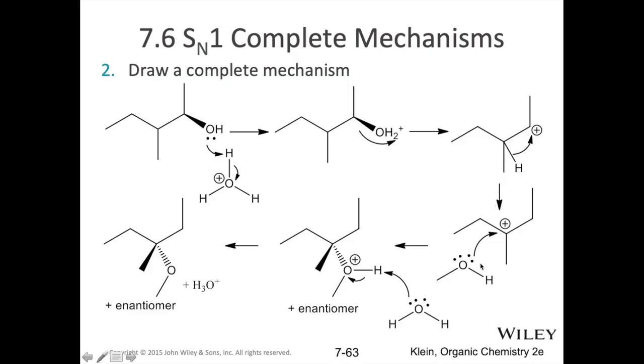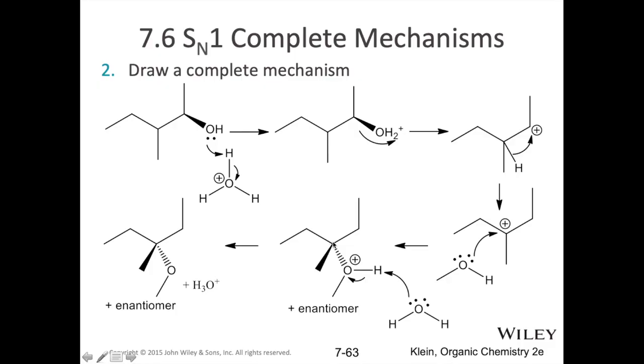Okay, so we have methanol attacking that site. It's a weak nucleophile, it attacks that carbocation, and we make this resulting product. Of course, that oxygen has a positive formal charge, so deprotonating it makes our nice neutral product that we see here. Now, keep in mind that this is a flat carbocation, so that methanol can actually attack either side.